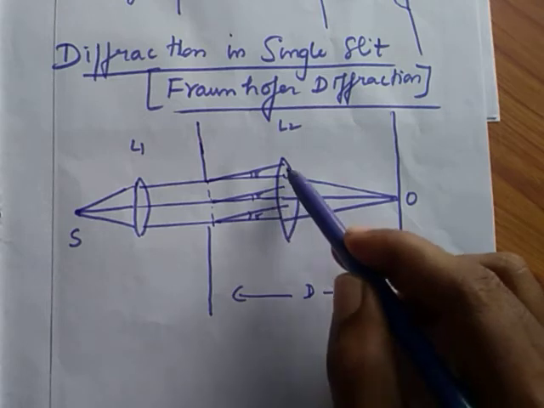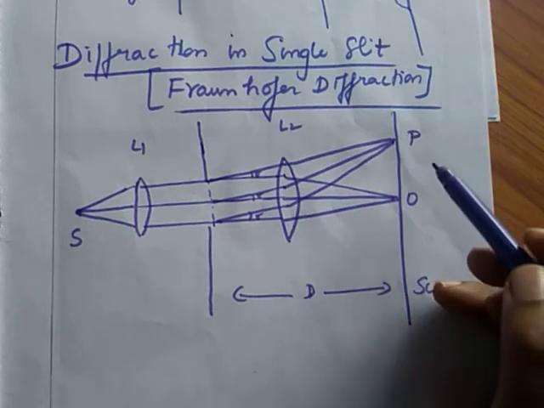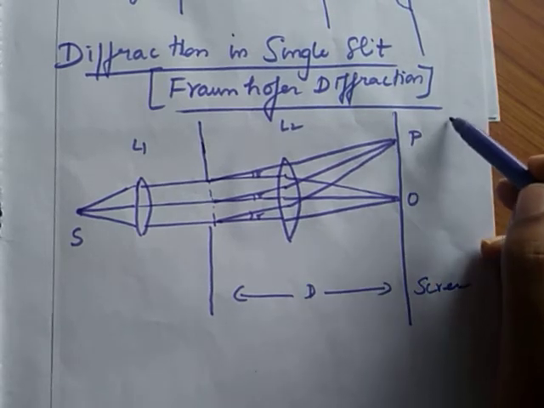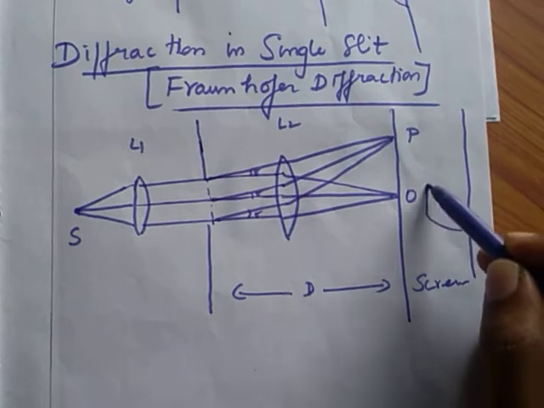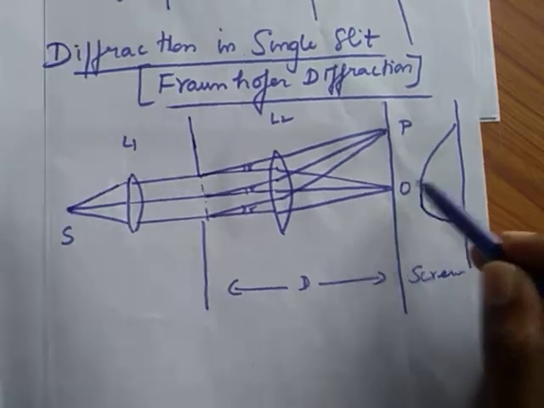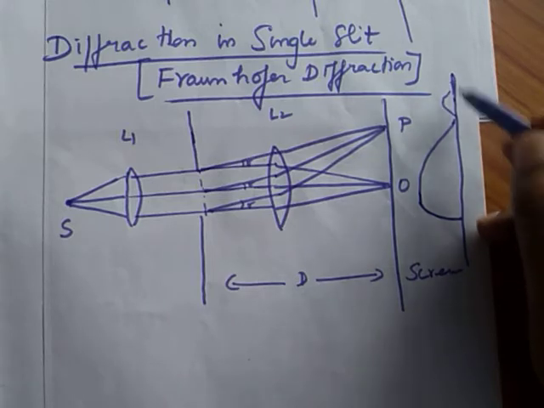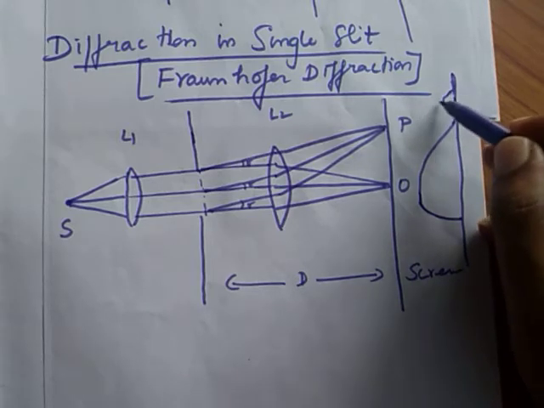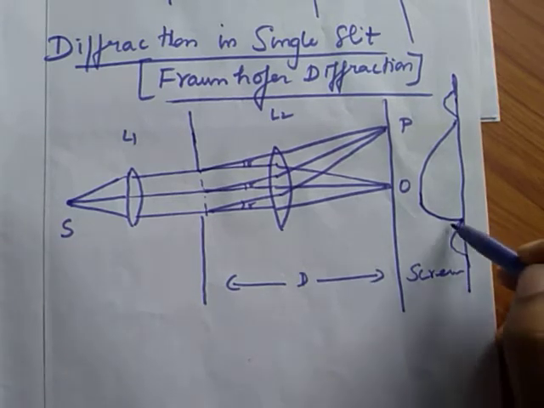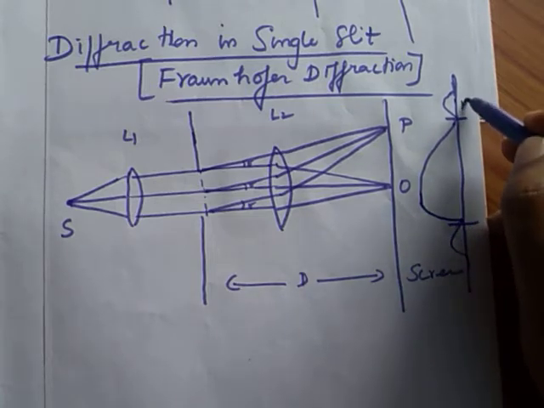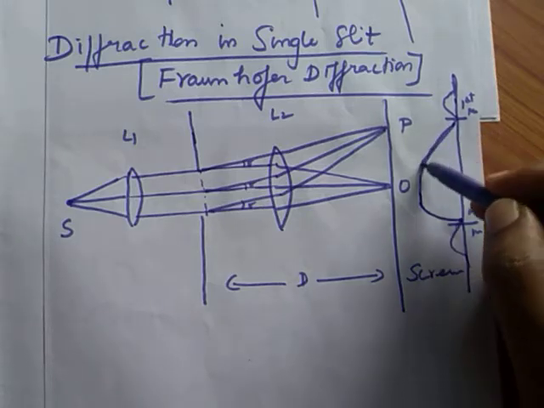These parallel rays converge at the point P on the screen, up to which the central maxima spreads. At that point we get a first minima. This one will be a first minima, this one a first maxima, and here also a first maxima. In between the two first minima there will be a central maxima.